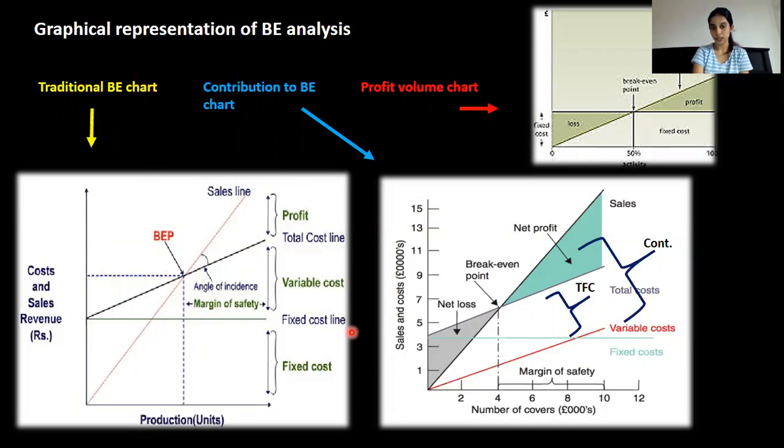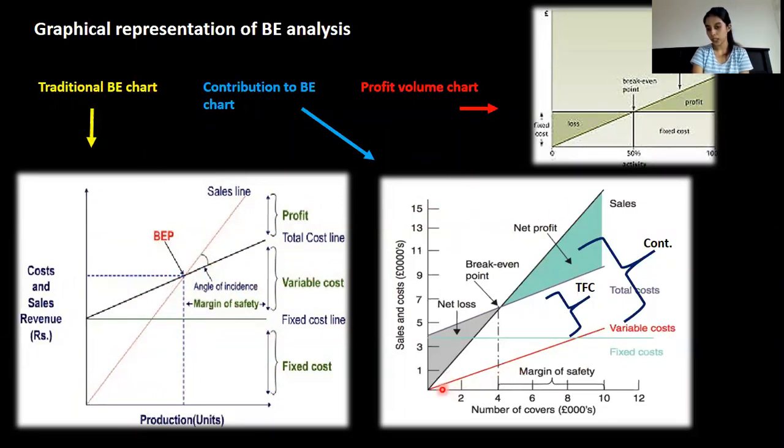Using these, we can show the break-even point in units and break-even sales value. But a deficiency here is that we do not use the variable cost line, so we cannot show the contribution in this graph. This deficiency is overcome in the contribution break-even chart.